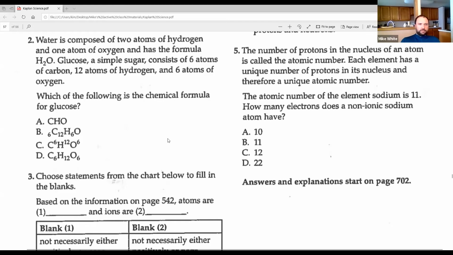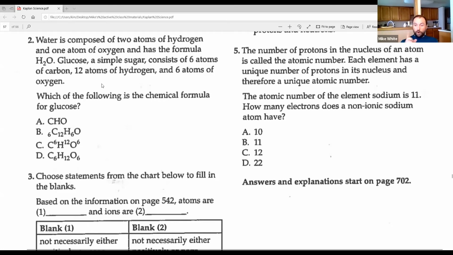So it says water is composed of 2 atoms of hydrogen and 1 atom of oxygen, as the formula H2. Well, let's just stop there for a second. Just to reiterate, let's take water for example. We've all heard of H2O, and that literally means water has 2 hydrogen atoms and 1 oxygen atom, right?